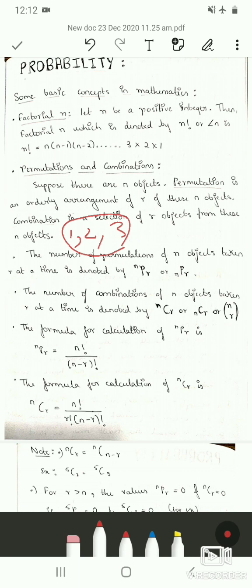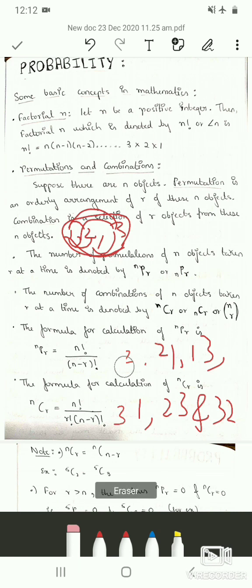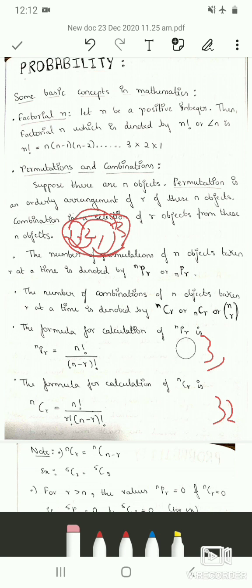Then the possible 2-digit numbers would be 12, 21, 13, 31, 23 and 32. So we can construct 6 permutations using the 3 numbers, that is 1, 2 and 3.